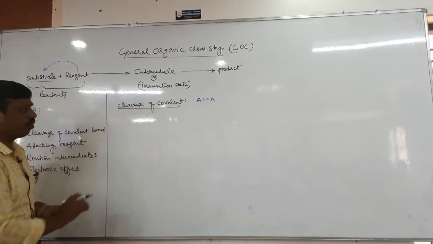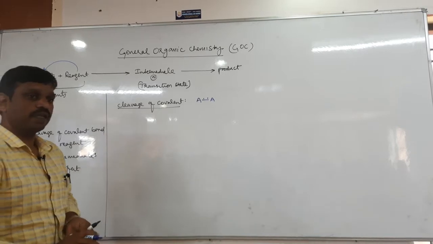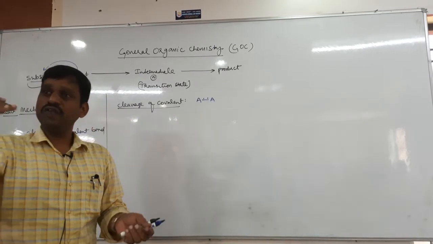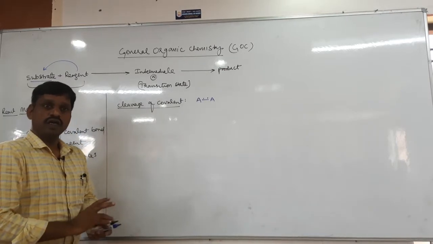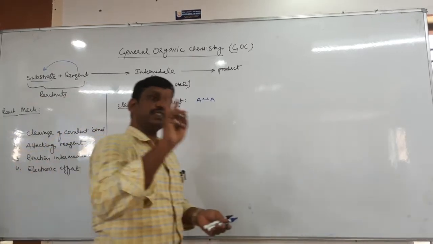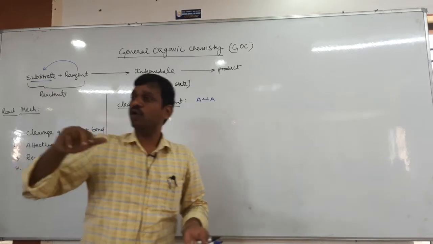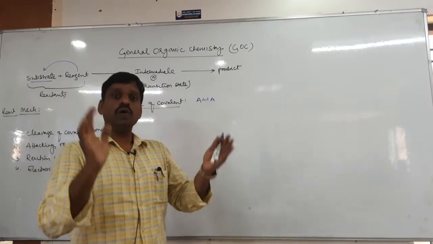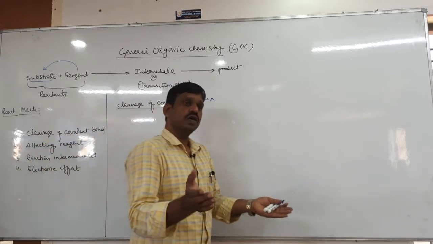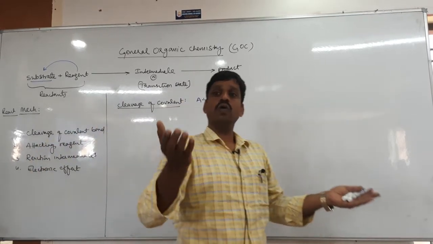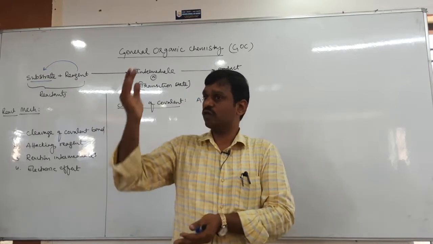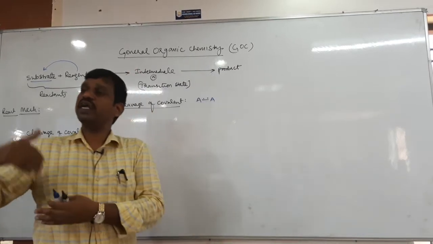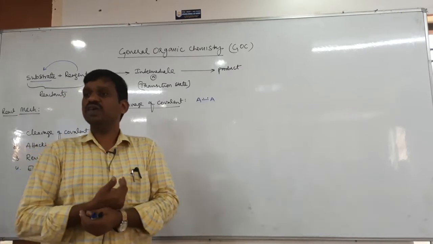Now we will study the cleavage of covalent bond. Cleavage is nothing but breaking, or fission, of a covalent bond. Cleavage of a covalent bond usually takes place in two types: one, homolytic cleavage, and second, heterolytic cleavage. Homolytic cleavage is also called symmetrical cleavage or homolytic fission. Heterolytic cleavage is also called heterolytic fission or unsymmetrical cleavage.